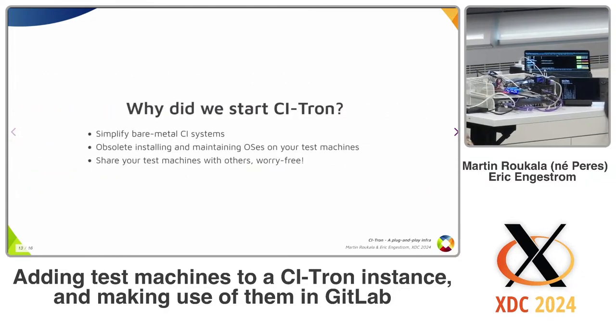And now comes the question: why did we decide to spend so much time on CI-Tron? Well, that's because we want to make it possible for developers to share the test machines and do it without feeling like they could destroy their setup and rootfs, or change a variable somewhere and then you don't know what your boot configuration is. It's terrible, so we want to get rid of that.